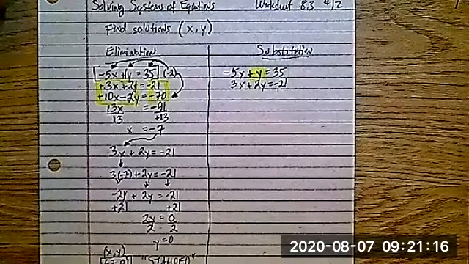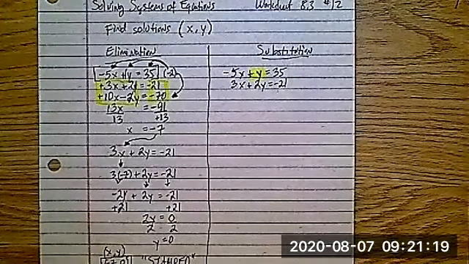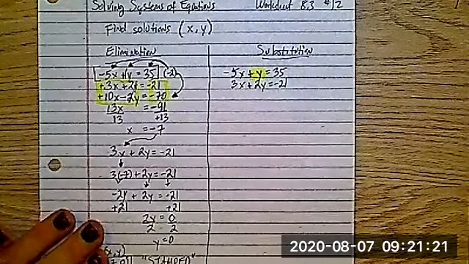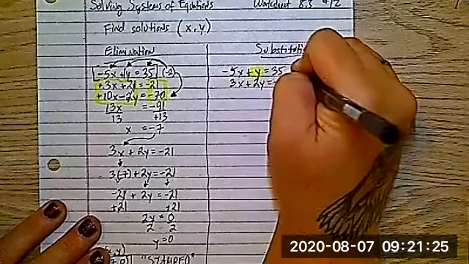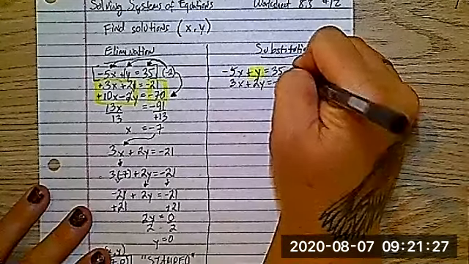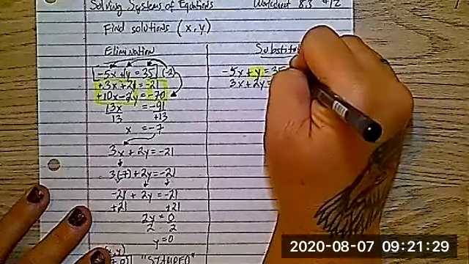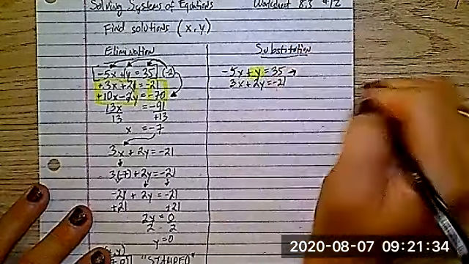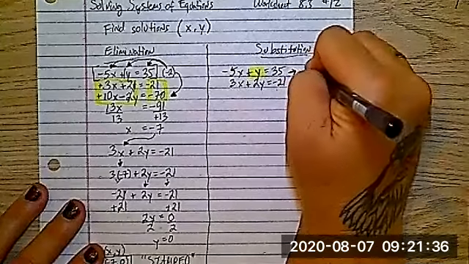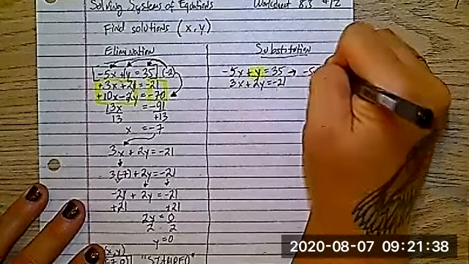So to isolate the y, we need to get rid of the -5x. Let me just rewrite that over here out of the way. And don't forget, this will also give us a place to figure out what y is later. But I'm going to copy it over here to set that up.